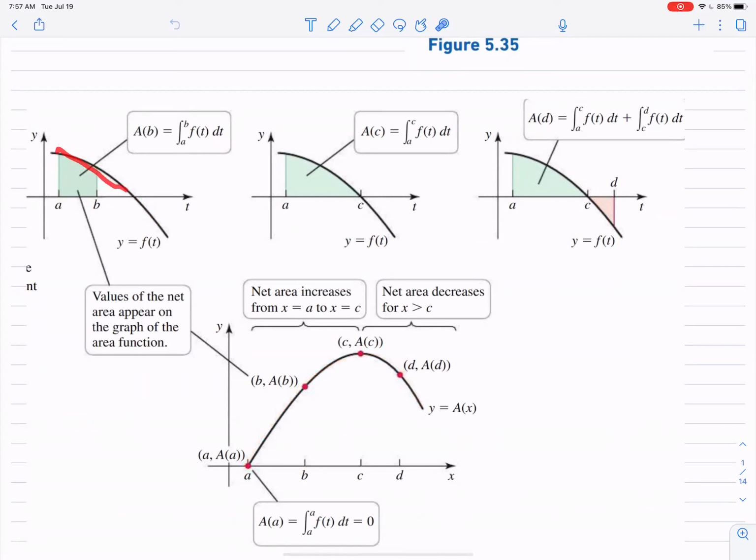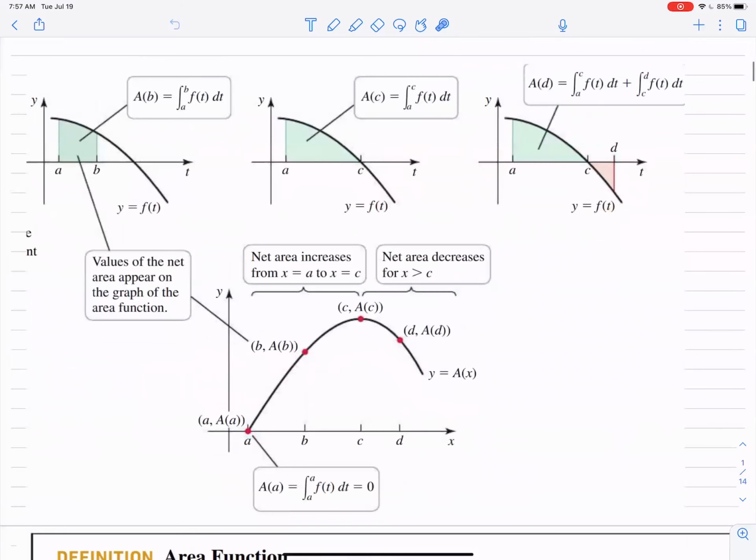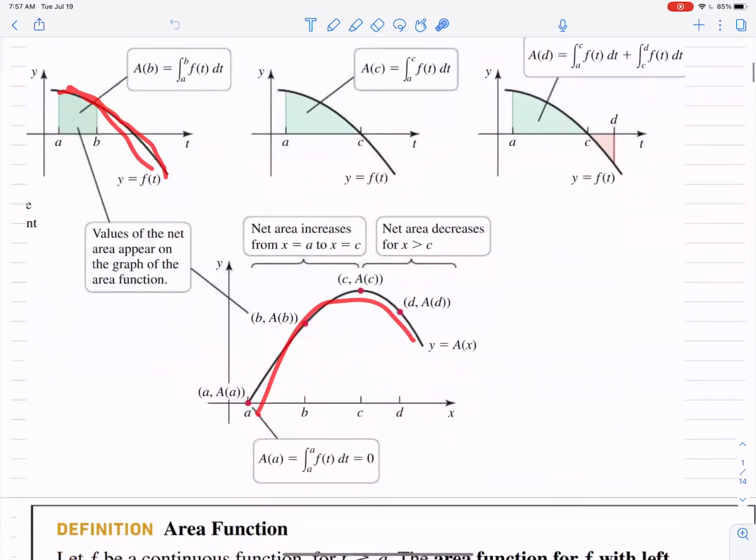Because when it's positive, the area function's increasing. When it's 0, we have a max, and then when it's negative, we're decreasing. That's a key idea: the area function seems to be related to the original function we're taking the area under, in that the derivative of the area function is this function up here.